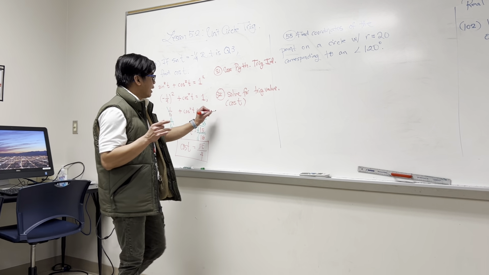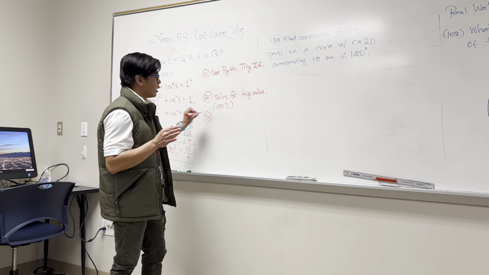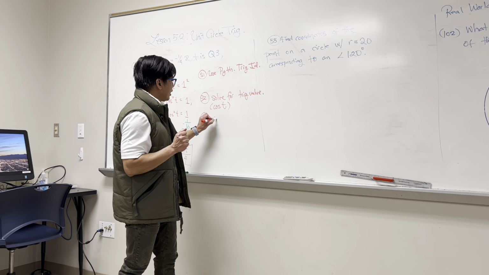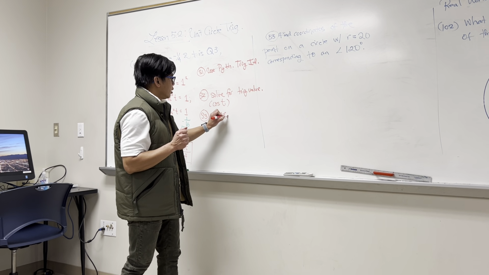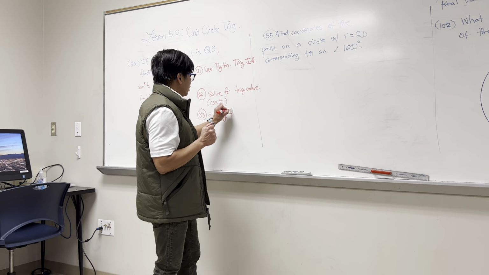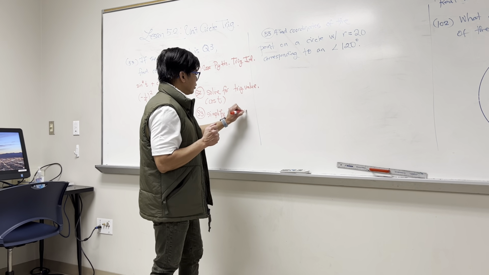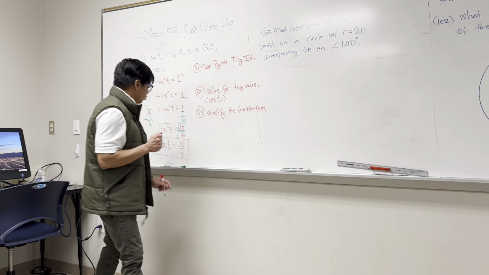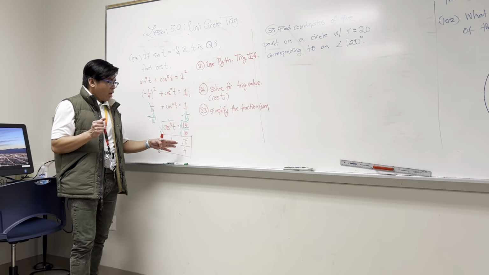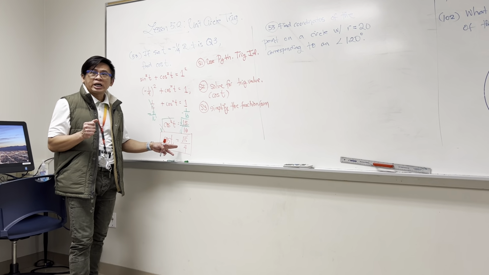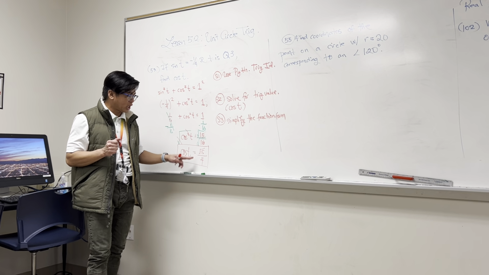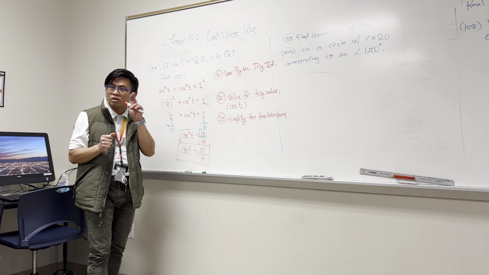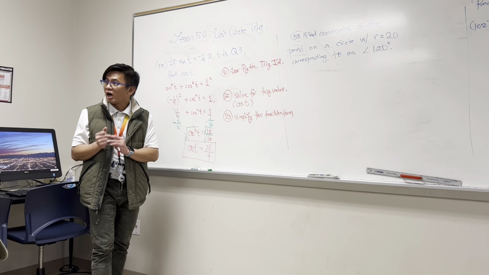Okay. Now, step number 3 in here. Simplify the fraction form, right? So when you say simplify the fraction form, the denominator cannot have a square root, alright? So if it has a square root, what you're gonna do? Well, multiply both sides in such a way that you get rid of the square root on the denominator, right?